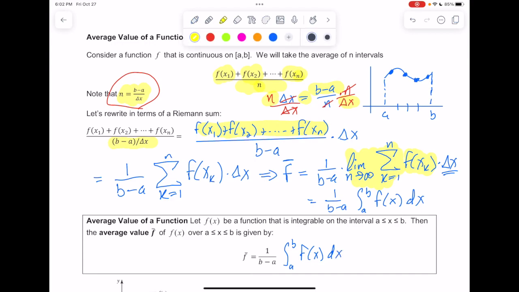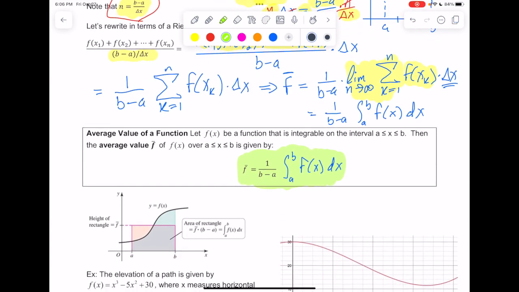So there is our formula for the average value of a function. F bar equals 1 over b minus a times the definite integral from a to b of f of x dx.